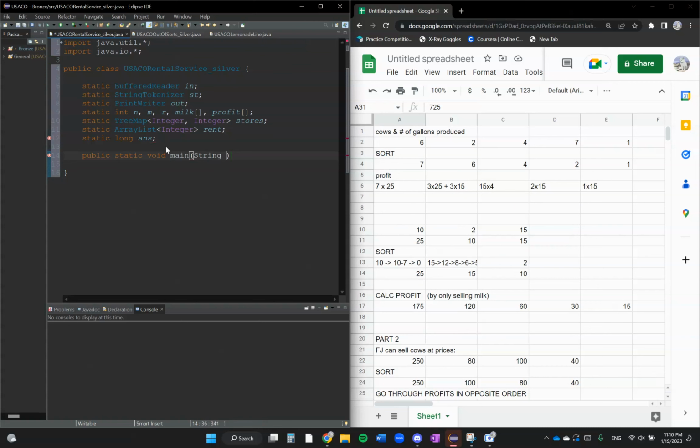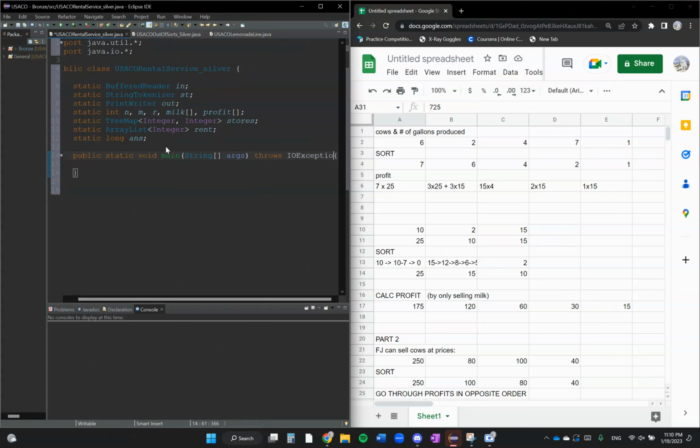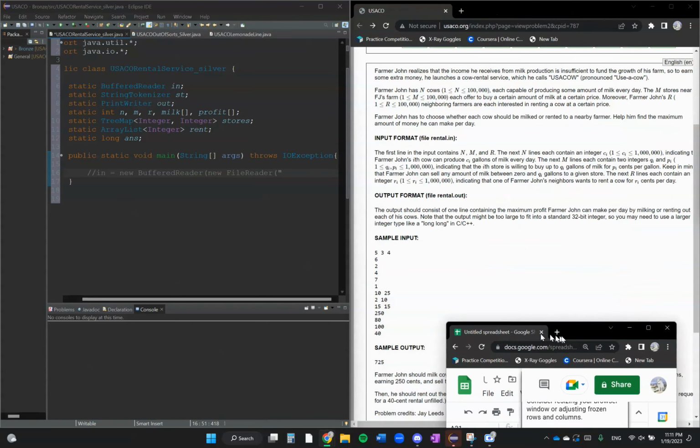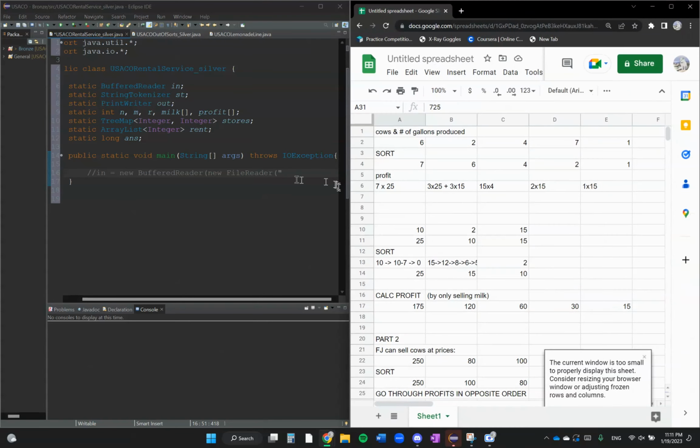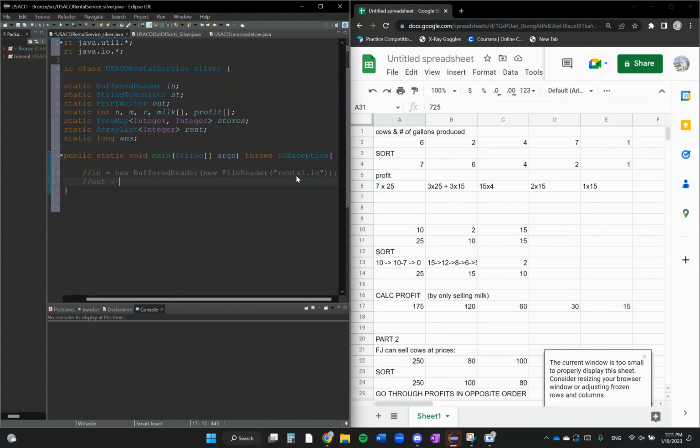I'm going to be creating my main. It handles the exception, and then rental.in and out equals new PrintWriter.